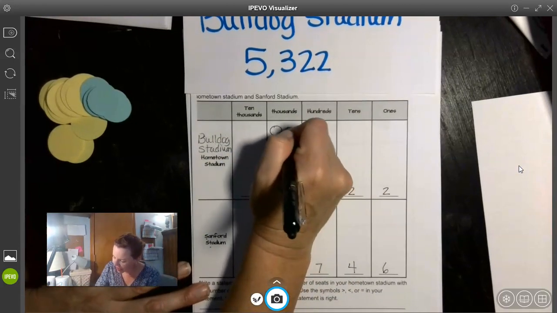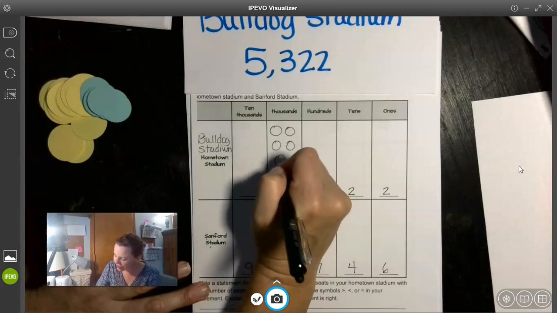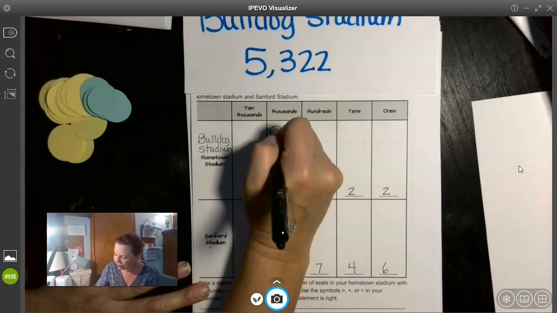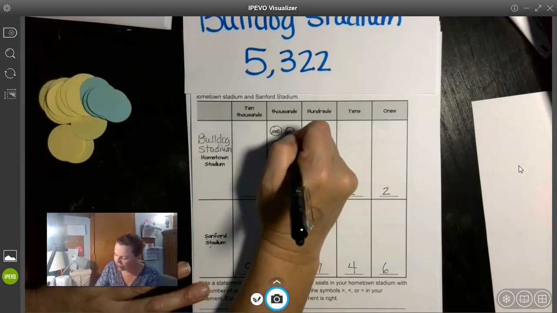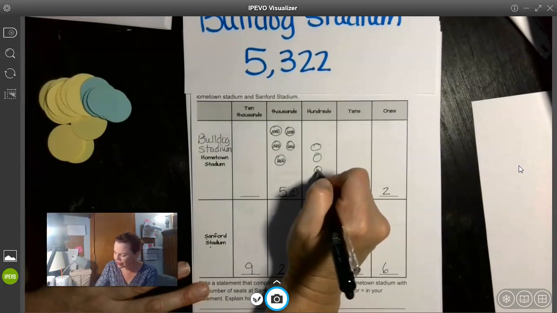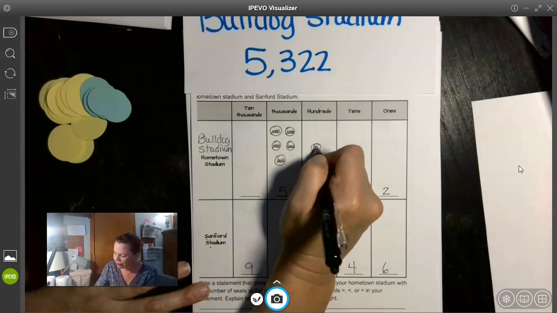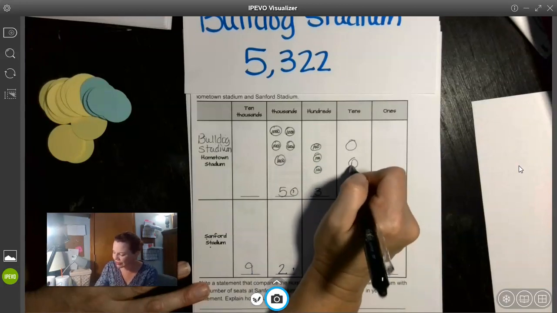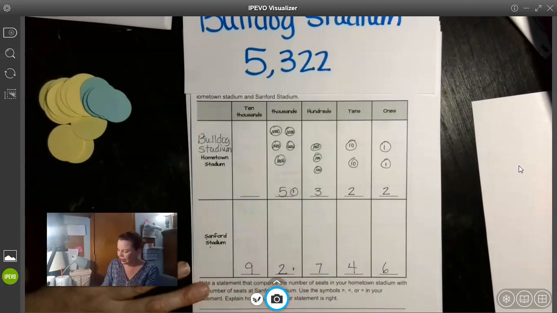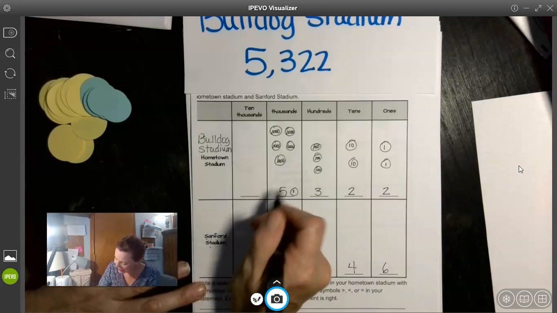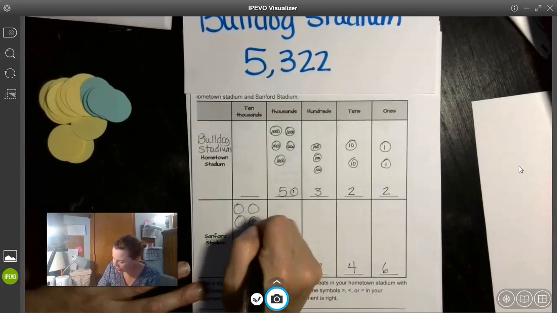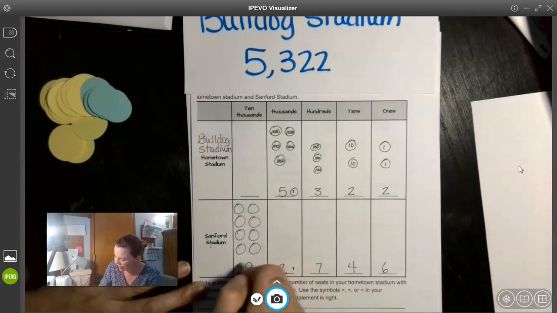So we have 5,000. Let's see, I have thousands here. How many hundreds? We have 3 hundreds, 2 tens, and 2 ones. All right. So here we have 9 10,000s. 6, 7, 8, 9.